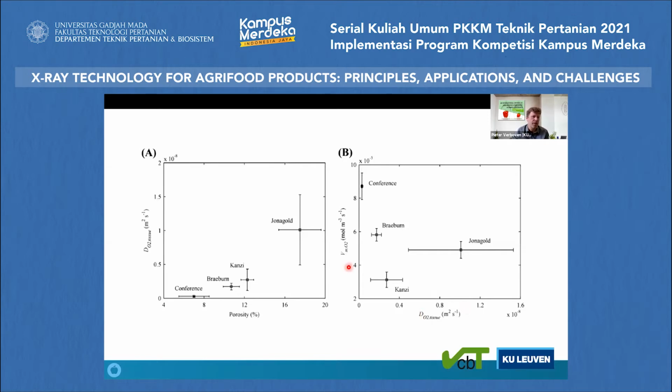So if you have products that have a high respiration rate, like Conference pears by coincidence, and low diffusion coefficients, this combination gives us an indication that this might be a very difficult product to store because they are consuming a lot of oxygen and it is very difficult to supply oxygen to them. While on the other hand, you have products that are easier to store, like Jonagold, and this is, among others, because of their relatively low respiration rates, and they are very easy to supply oxygen to.